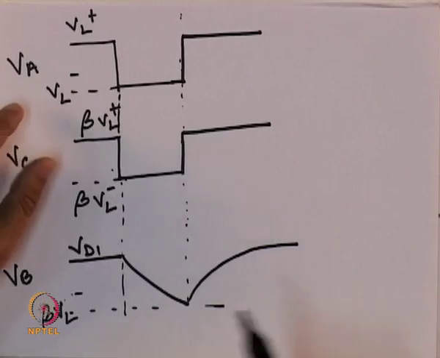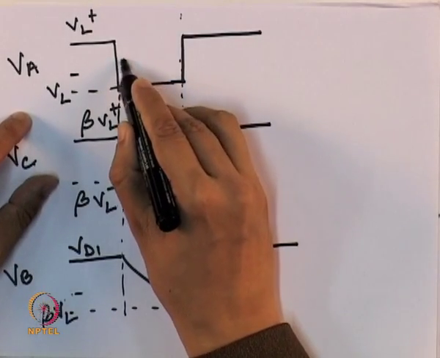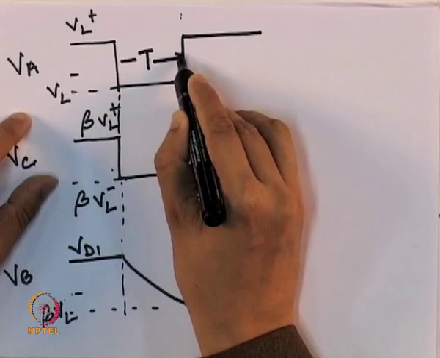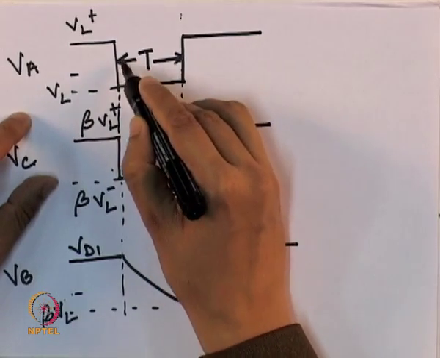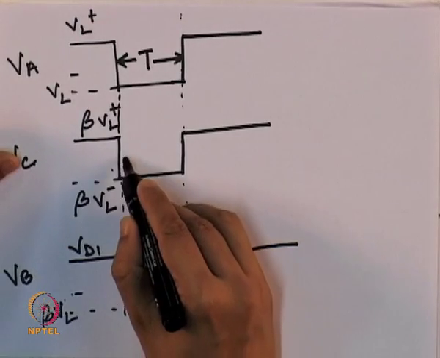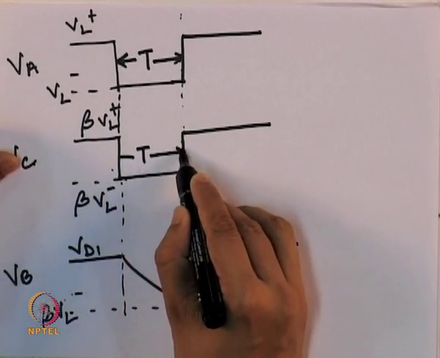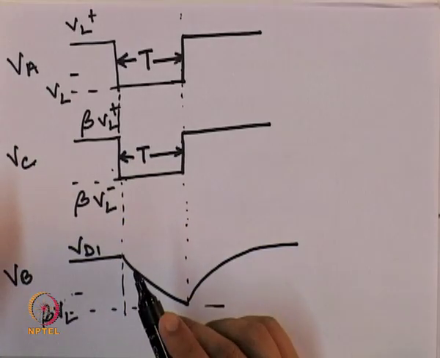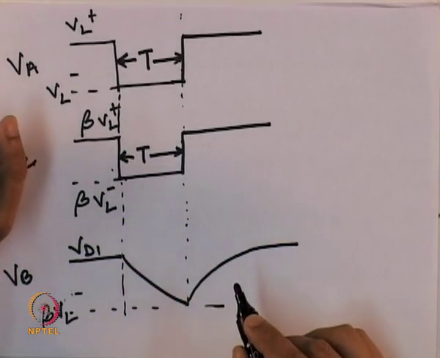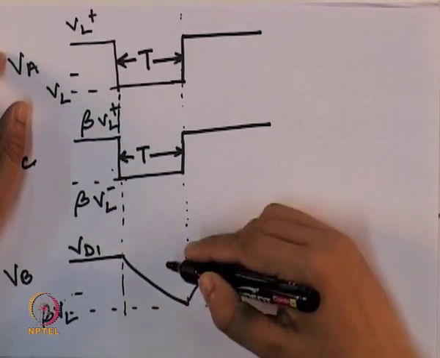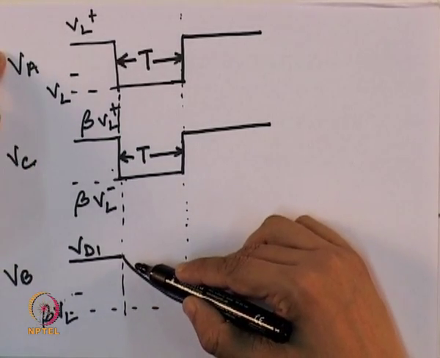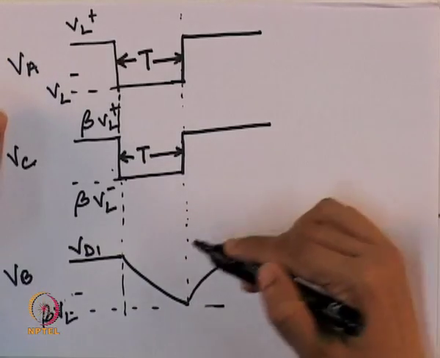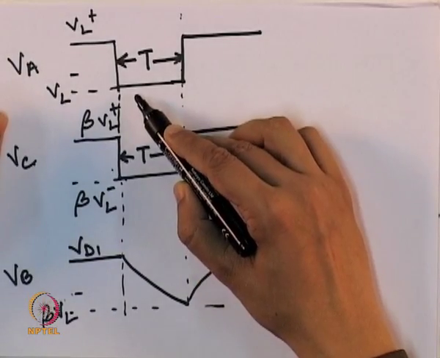The second thing is, what is the total time that this negative pulse in VA or VC existed for? To understand that, let us write the equation of VB in this stage, that is when VA is equal to VL minus.